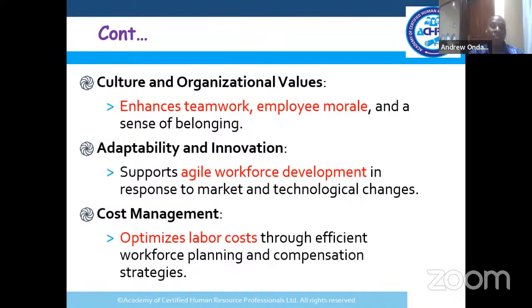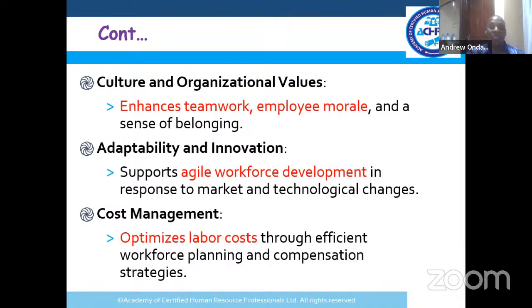Again, when people are sick or have accidents and they are in hospital, they may be earning money, which is a cost to the organization, and yet they are not producing anything. And in any case, we may have to look for replacements to work while they are in hospital. So it is incumbent upon HR managers to ensure that the working conditions are conducive to reduce on these costs.